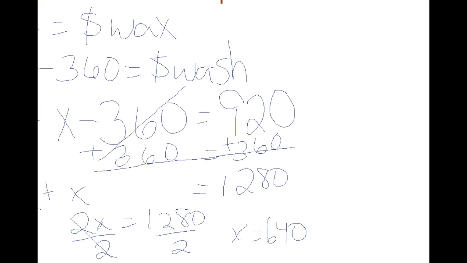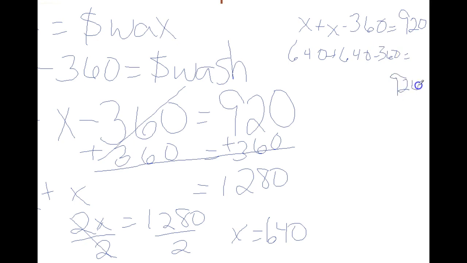We're going to put it back in our original equation, which was X plus X minus 360 equals 920. So 640 plus 640 minus 360, we want to make sure that that equals 920. And if you add it all up, it does. So we are good to go.